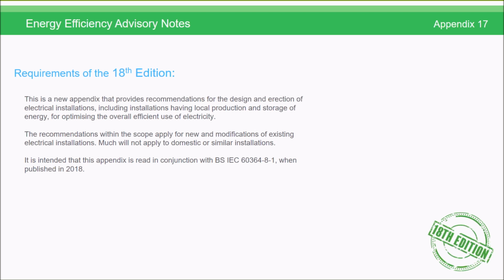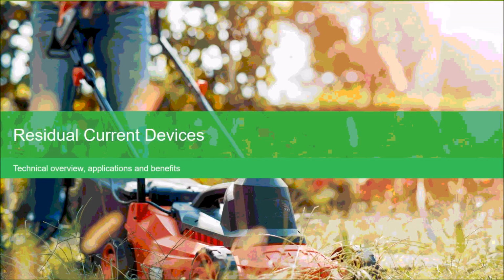So you can see that there are now specific areas coming in around energy efficiency. And a case in note there is that it's intended that that appendix is read in conjunction with BS IEC 60364-8-1, and that's now been published.